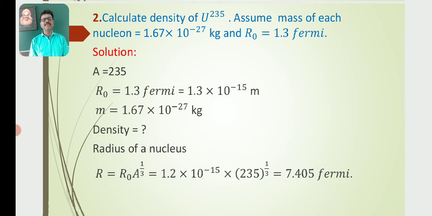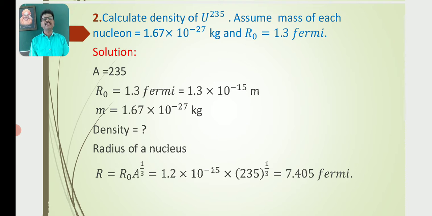Now we will discuss the solution of the above problem, where A is equal to 235, the mass number for uranium. R naught is equal to 1.3 Fermi, which is equal to 1.3 into 10 to the power of minus 15 meter. Then m is equal to 1.67 into 10 to the power of minus 27 kg. Then what is the density of the uranium?